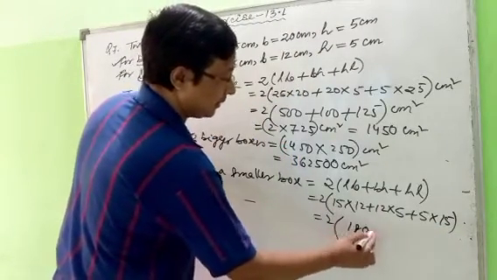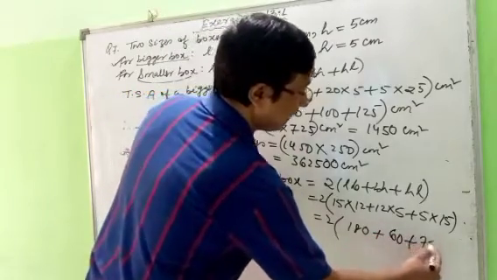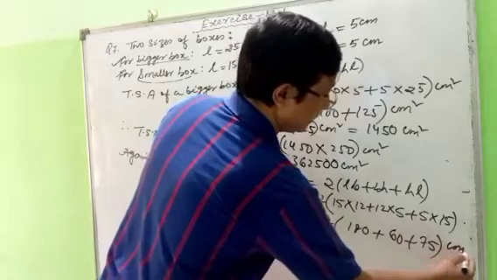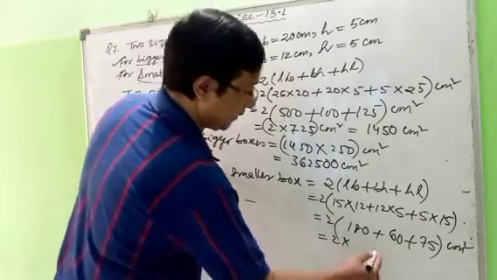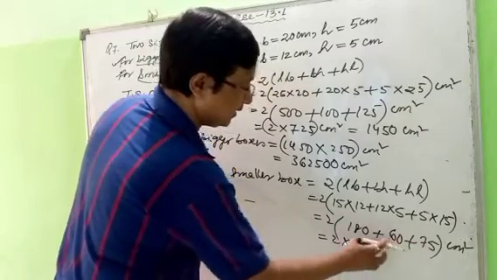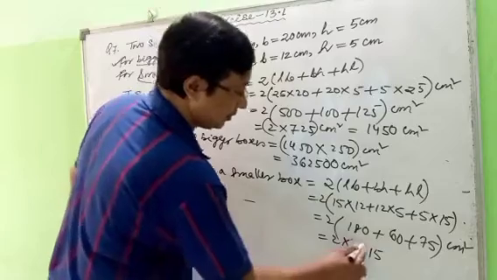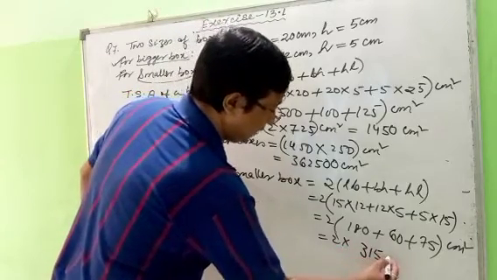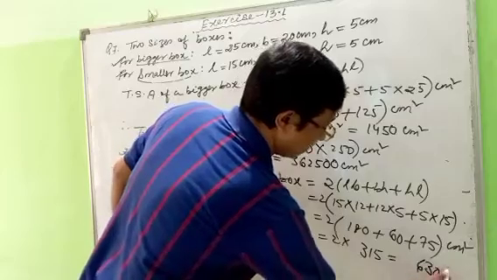So it will be 180, then 60, then 75 centimeters square. So equals 2 into 315, so you have got 630 centimeters square.